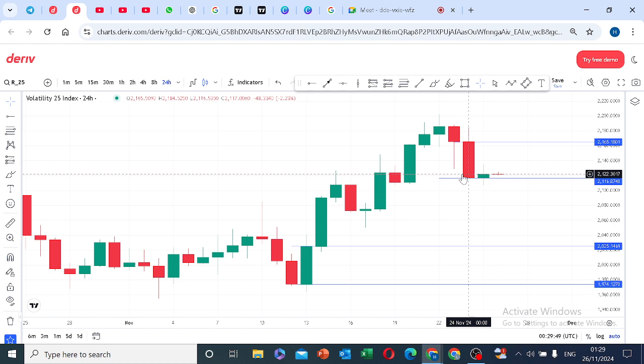Now, a bullish and a bearish candlestick, they leave the wick both at the top or at the bottom. It's not at a particular point. Do you understand what I'm saying? Yes, I do.